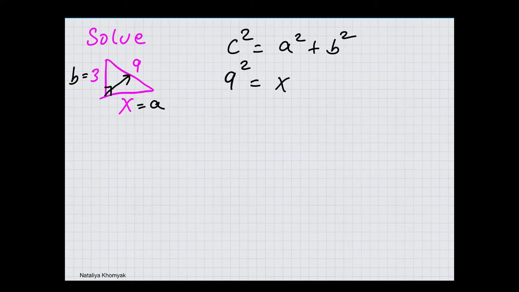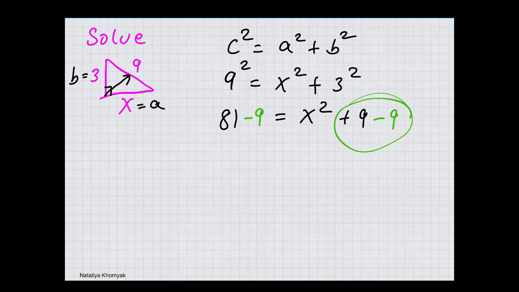So we have x to the second plus 3 to the second. We get 81 equals x to the second plus 9, minus 9 on both sides. That's a 0. This gives us 72 equals x to the second.